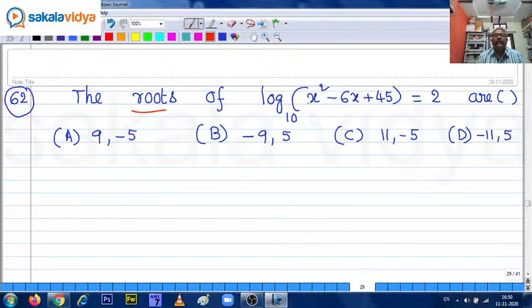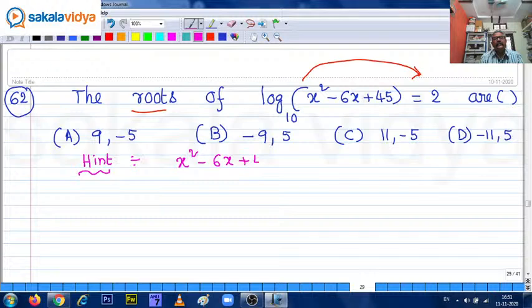The roots of log of (x square minus 6x plus 45) to the base 10 is equal to 2. So first of all we need to change this logarithmic form into exponential form. Then after that we will get a quadratic equation and we need to solve it. So the hint: this can be changed like this, x square minus 6x plus 45 equals 10 square.